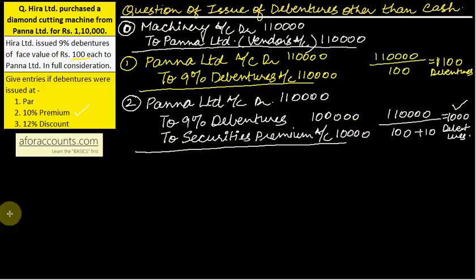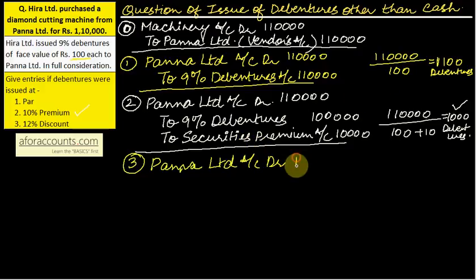Okay. Now again entry number 3. Condition is give entries if debentures were issued at 12% discount. So what is the entry? You are paying Panna Limited. So vendors account debit, Panna Limited account debit. कितने से 1,10,000 देना है उसको.